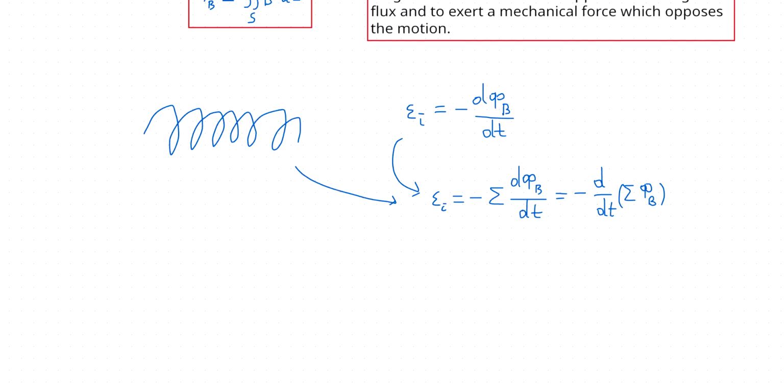This is a flux linkage, a value psi that is equal to the sum of all magnetic fluxes in all turns.